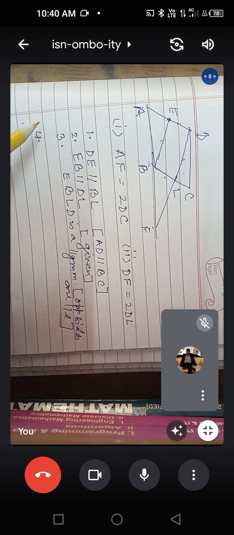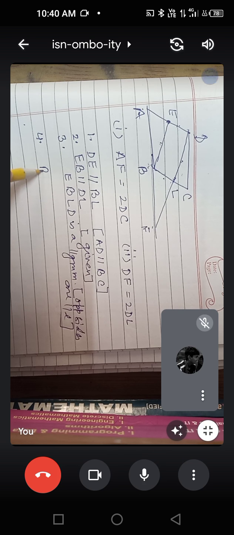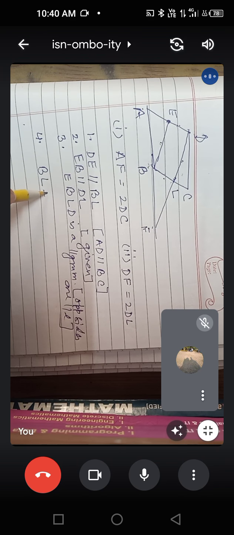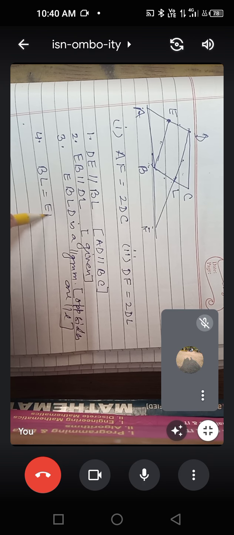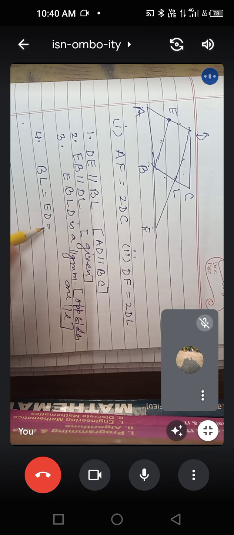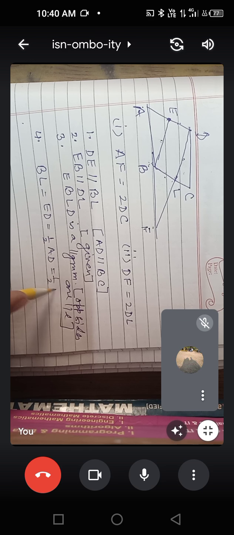Clear? So you see here, BL is equal to what? ED. Opposite sides of a parallelogram are equal. And ED is equal to what? Half of AD. And that is equal to half of AC.